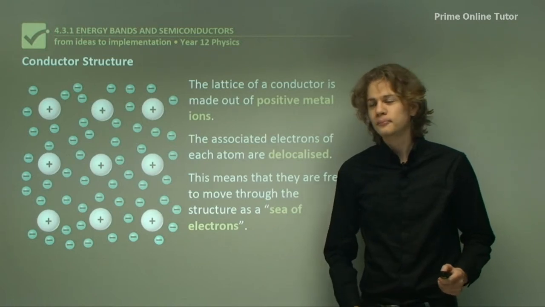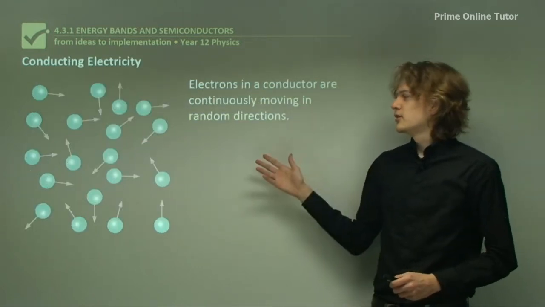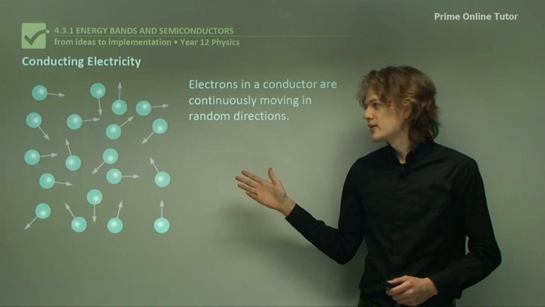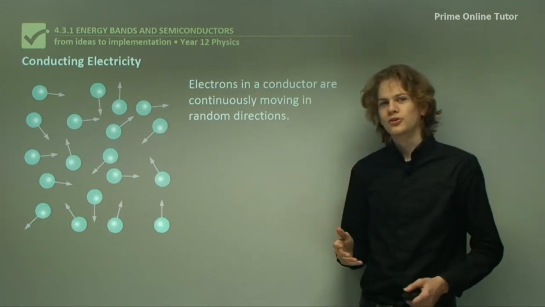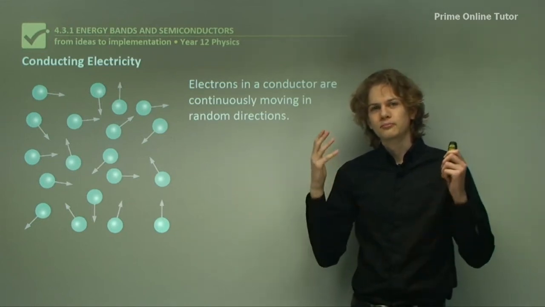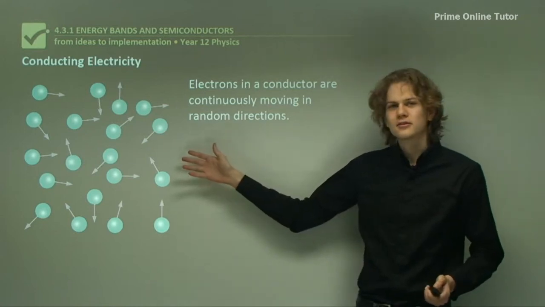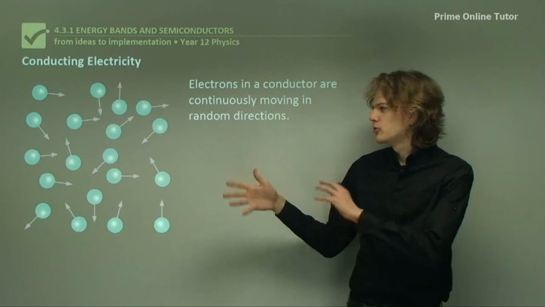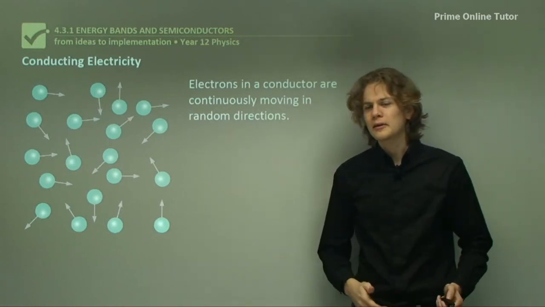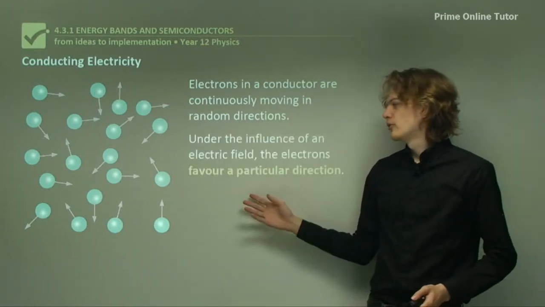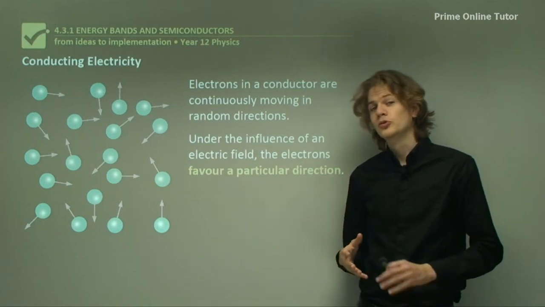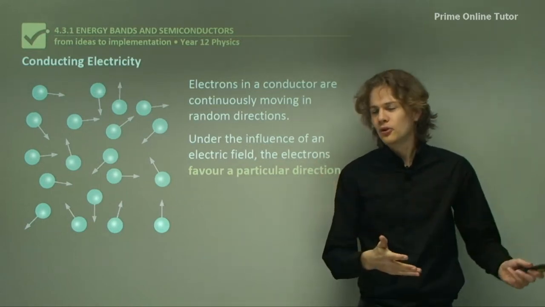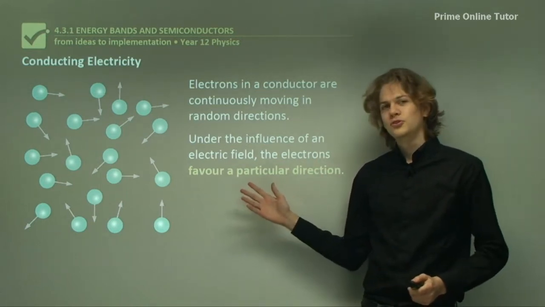and that's in fact used to model the flow of electrons in some models. Now electrons in a conductor are continuously moving in random directions. So if we were to take the motions of electrons at any one moment, it might look something like this. As you can see, none of them are all moving in the same direction, they're all just moving around randomly. Under the influence of an electric field that might be caused by a battery or a power socket, the electrons favor a particular direction.